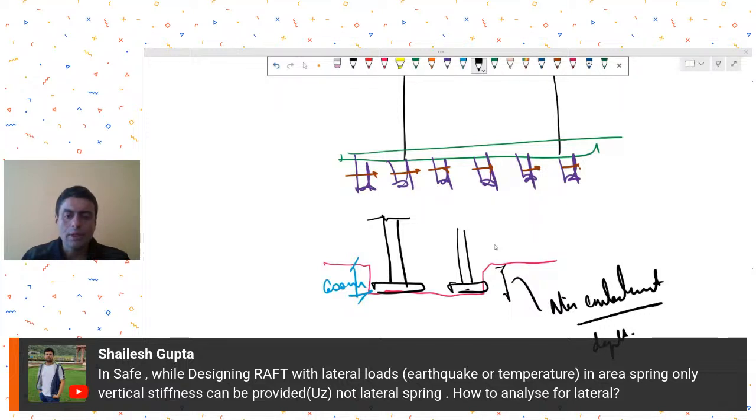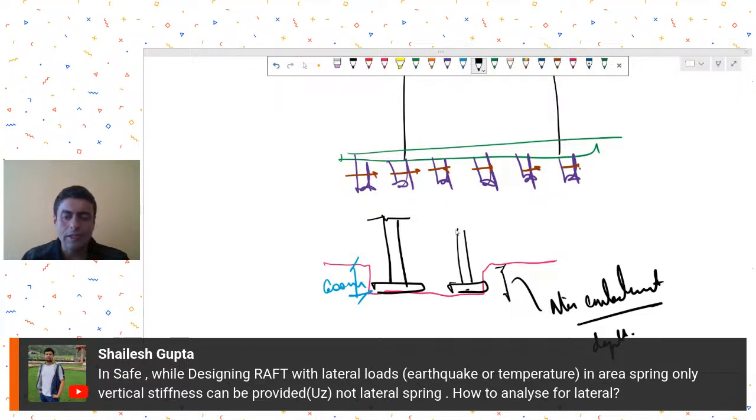And your raft is so large that in-plane bending or in-plane shear forces will be non-existent or so negligible that you may not be bothered with it. So no need to design your raft for lateral forces.